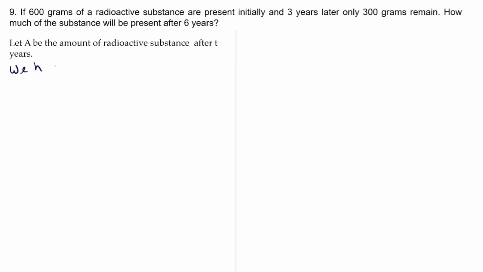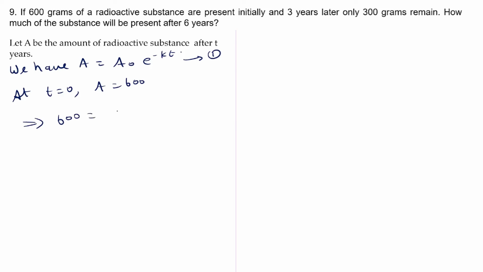Then we have the exponential decay model A equal to A naught into e raised to minus kt. At t equal to 0, A equal to 600. This implies 600 equal to A naught into e raised to 0, so A naught equal to 600. Therefore, A equal to 600 into e raised to minus kt is the model.